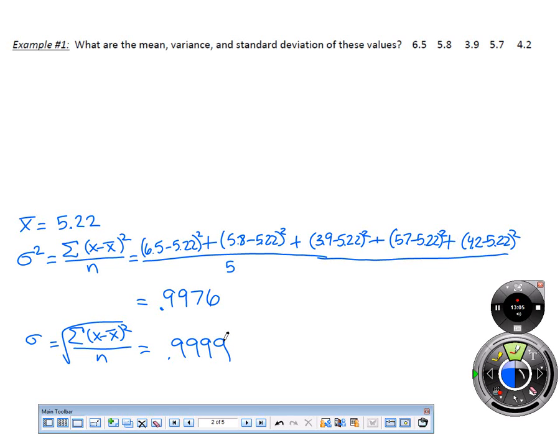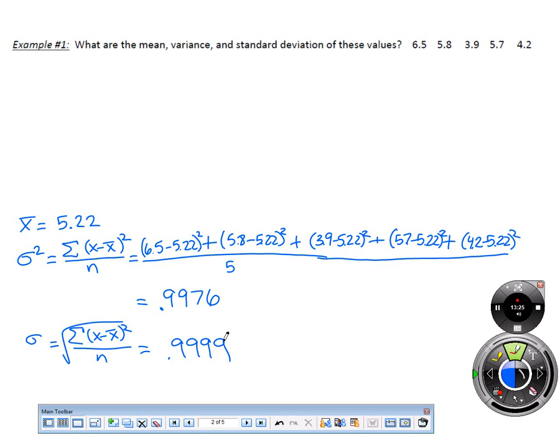These are kind of weird calculations, but remember they're trying to measure how far things are from the mean, so they literally take each piece of data, measure how far it is from the mean, and then average those calculations. And so it's just giving you a number. But what this does is give you an idea of how spread out things are, especially if you wanted to compare two different types of things.